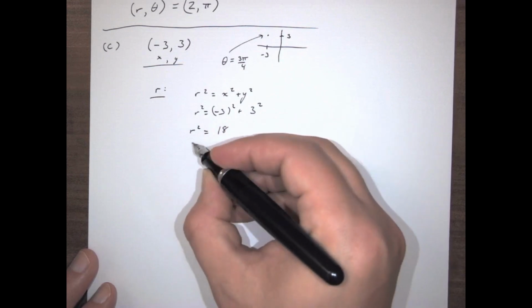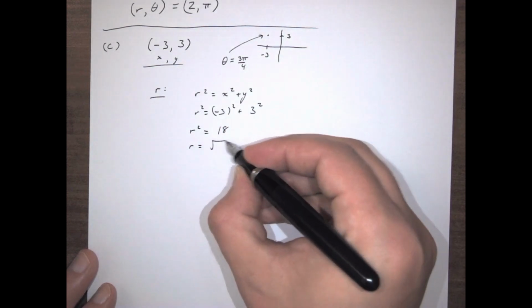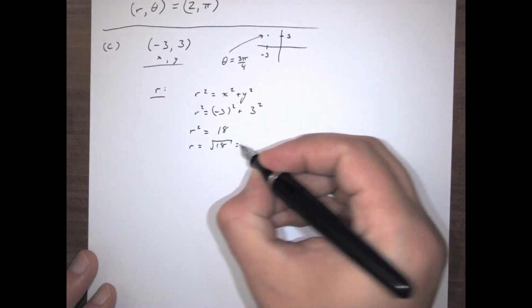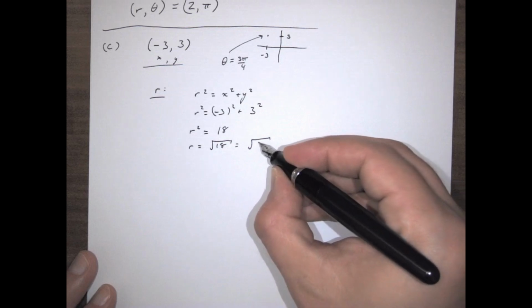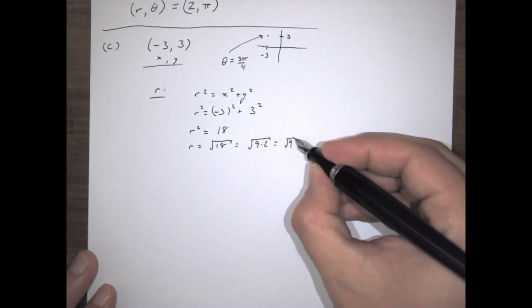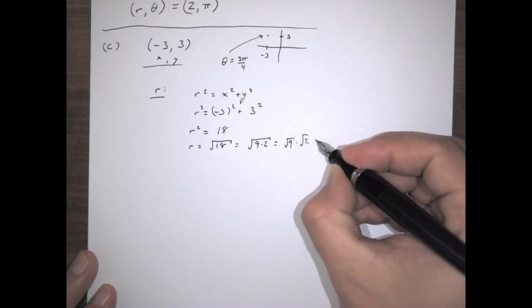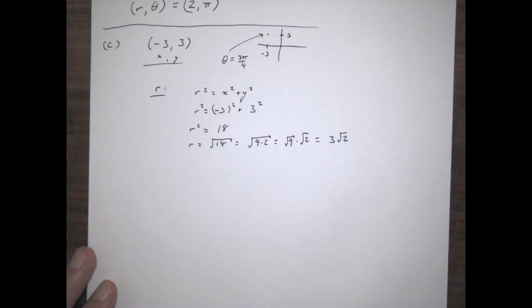So r squared equals 18, which means r is equal to the square root of 18, but 18 has a perfect square as a factor, namely 9, so that's square root of 9 times square root of 2, which we can rewrite as 3 root 2.